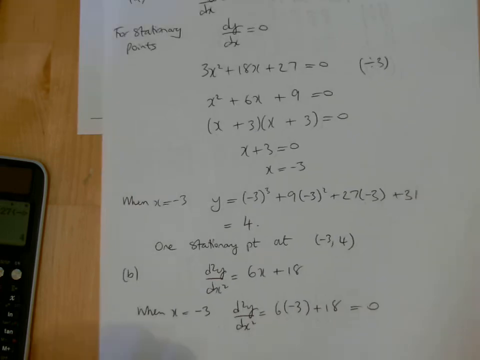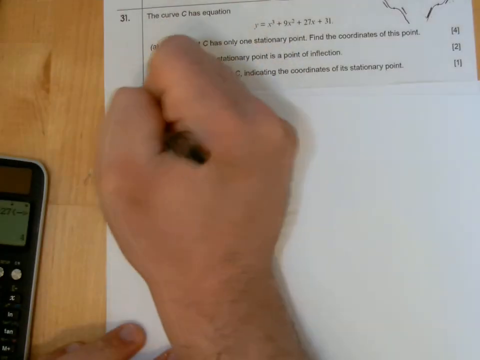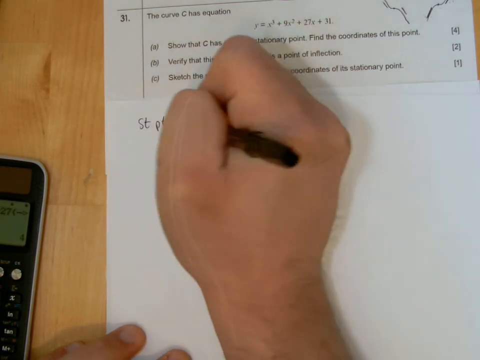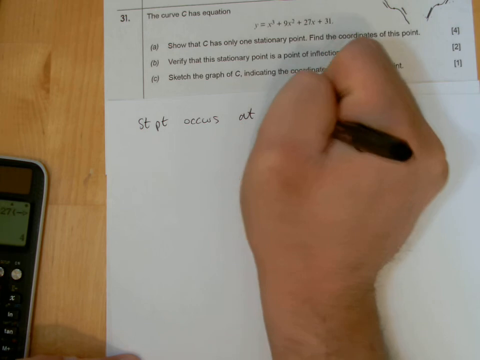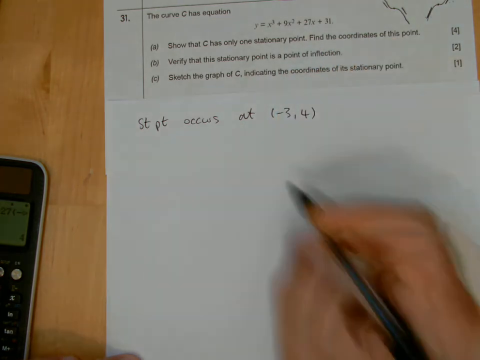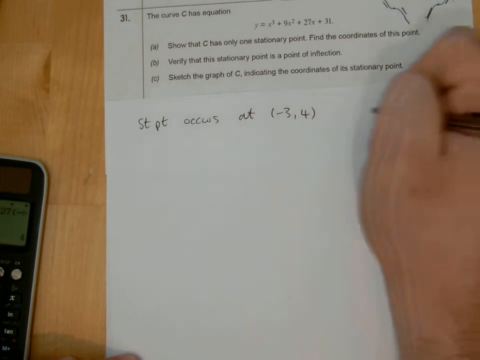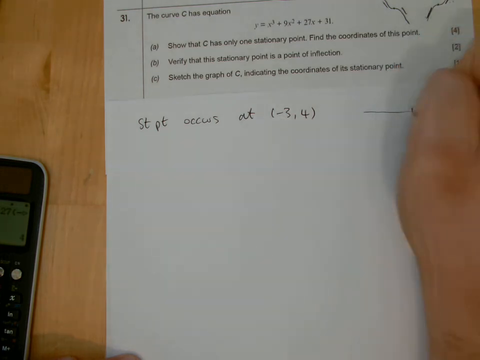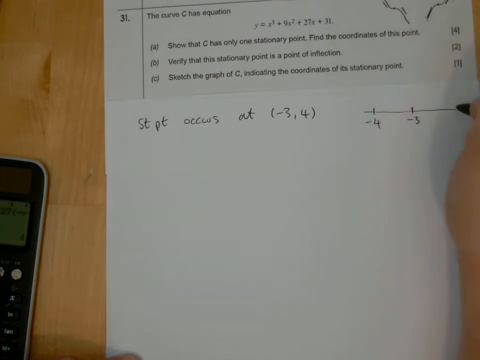So let's prove this point of inflection. Let's have a look at what the gradient is either side of this stationary point at minus 3, 4. So I'm going to look at dy/dx either side of minus 3. If you think of a number line, minus 3 is there, that point will be minus 4, and this point will be minus 2.